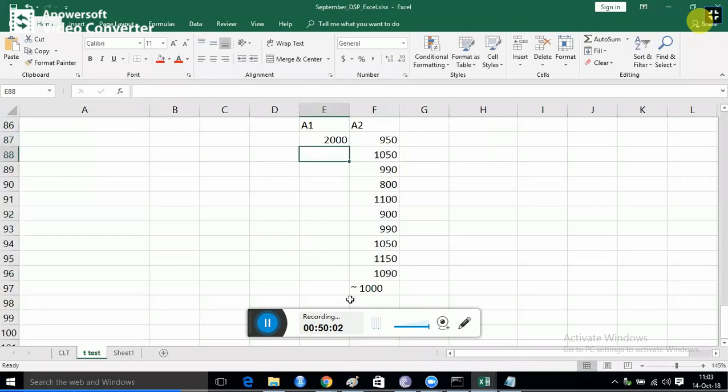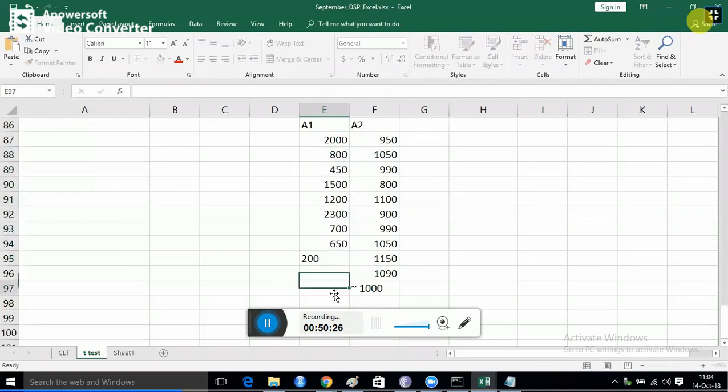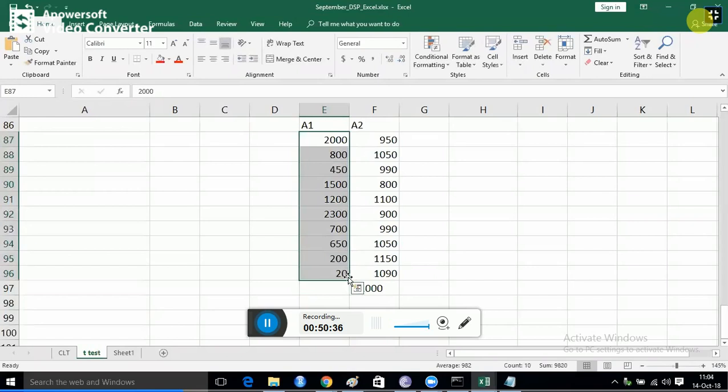Now let's take this. Here also the average is close to 1,000.